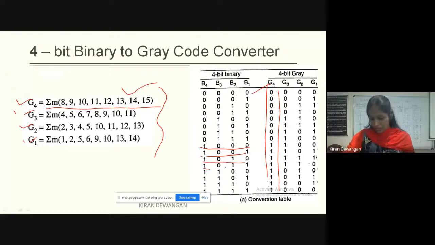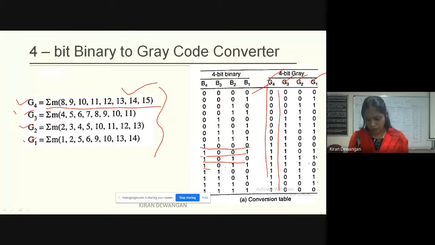As we can check, is it becoming clear, students? हम कर क्या रहे हैं? We are writing the canonical expressions of our 4-bit gray code. Now when we are designing it, हम अभी design part में focus कर रहे हैं, right? So we'll be having 4-bit input and 4-bit output.